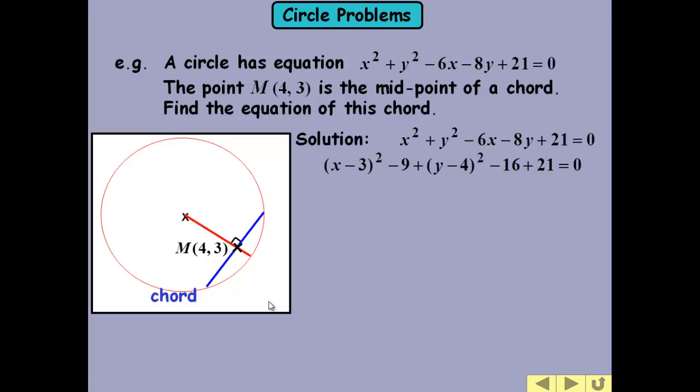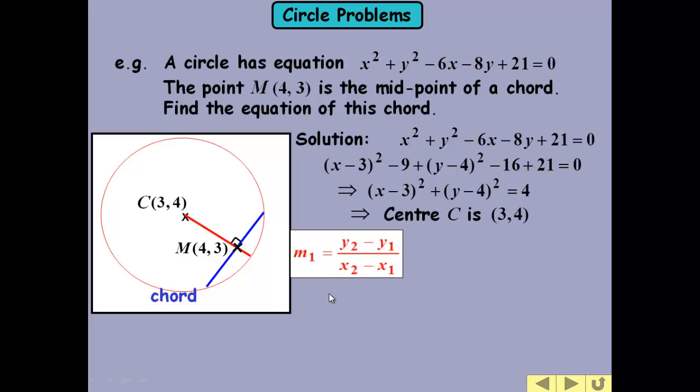So, complete the square. We end up with that equation, which tells us that the centre is at 3, 4. To find the gradient of the radius, we use the difference in y over the difference in x, using the two coordinates of the 2 points.